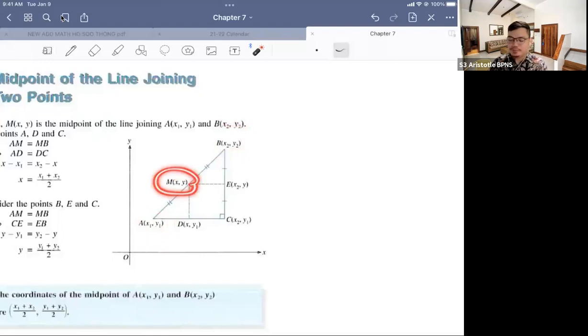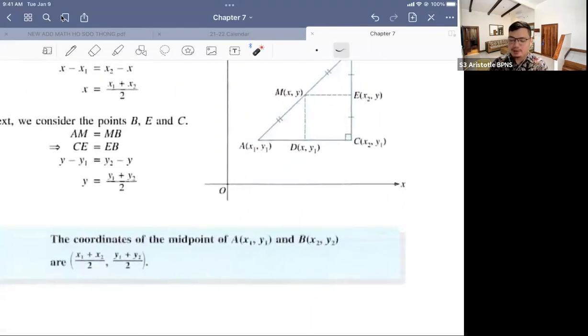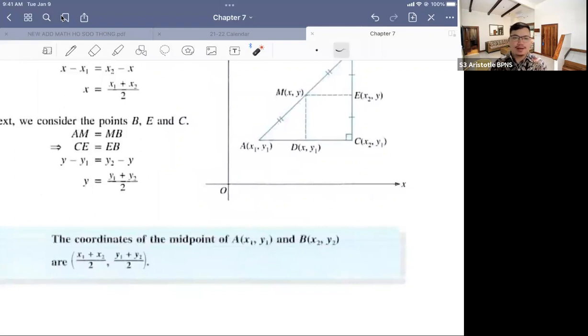So what's the formula basically? The formula is fairly simple. To get the midpoint of x and y, you just need to add x sub 1 and x sub 2, and y sub 1 and y sub 2, and then divide them by 2. So this is basically your x, and this is basically your y.